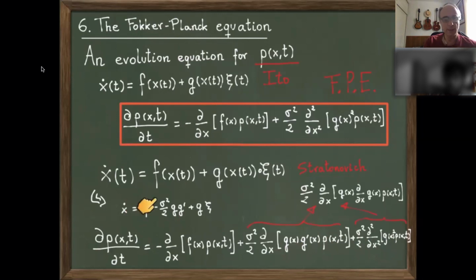When we derived the equivalent of this with Ito, it was the other way around. So this is a plus. Sorry, now I realize my error. There is a plus here. There is a minus here. And now it's fine. And now this derivative, if you expand it, you get g rho g prime, which cancels with this, and then g times the derivative of g rho.